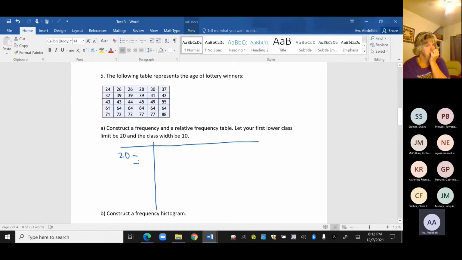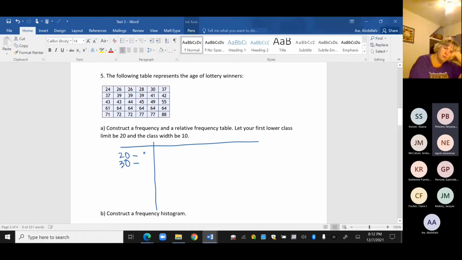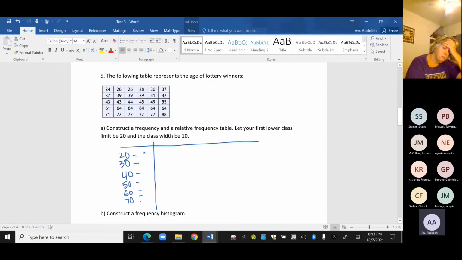Remember, to avoid mistakes, we do the lower limits and find the next lower class first. Don't find this one yet. So 20 plus 10 is 30. 30 plus 10 is 40. 40 plus 10 is 50. 50 plus 10 is 60. 60 plus 10 is 70, until you run out of the range, 80, etc.